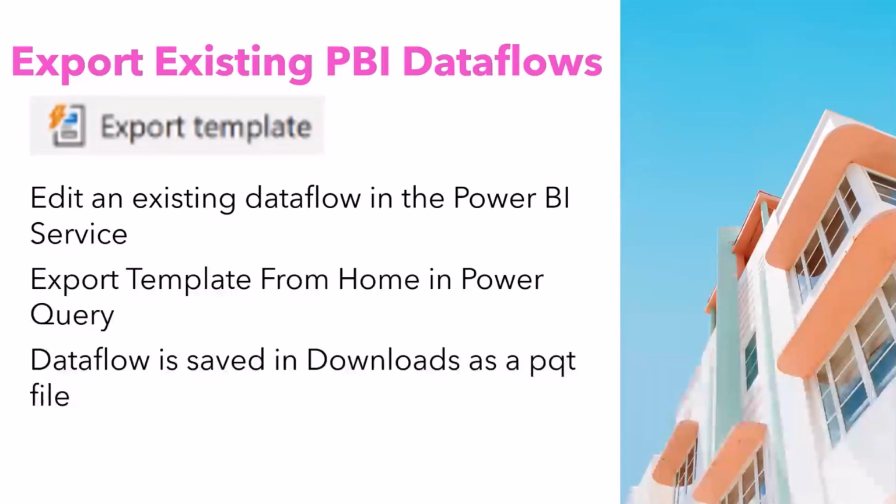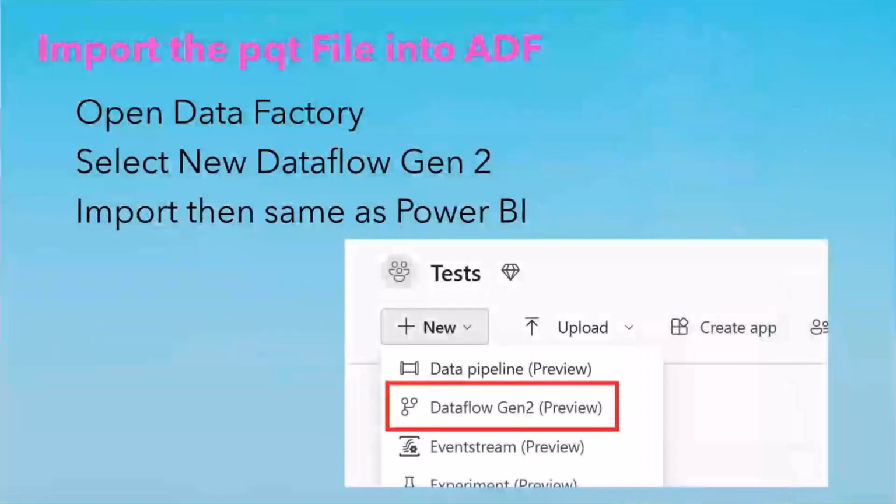So you have a PQT file that is going to be exported. And then you can import that PQT file into ADF. The import is the same as you might do for Power BI. So really a cool way of doing that.